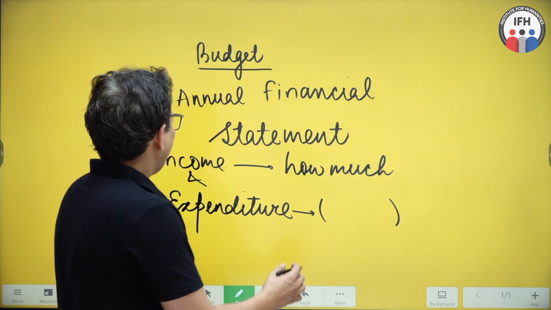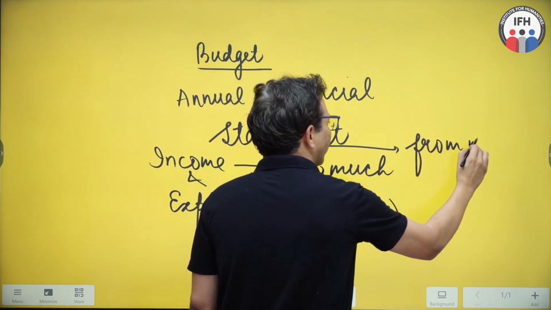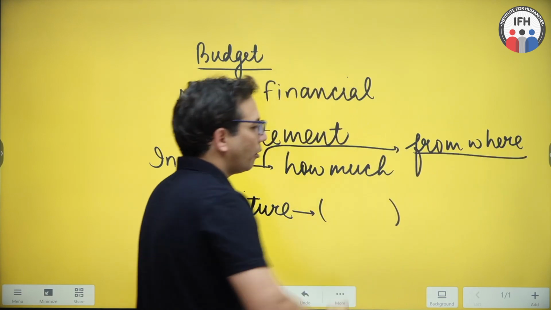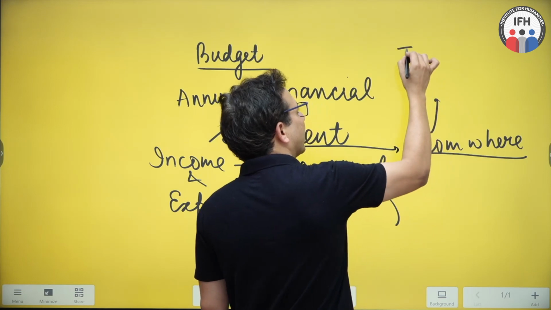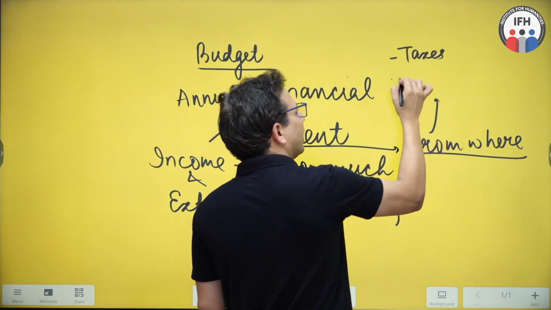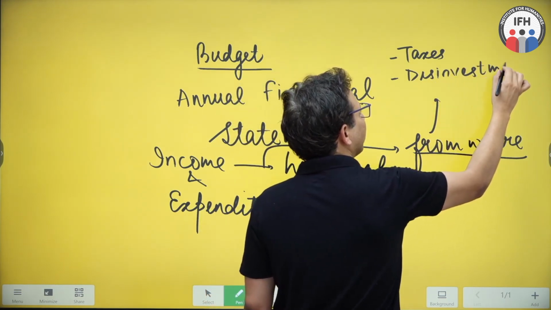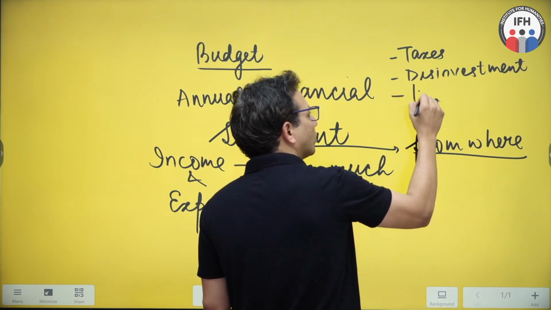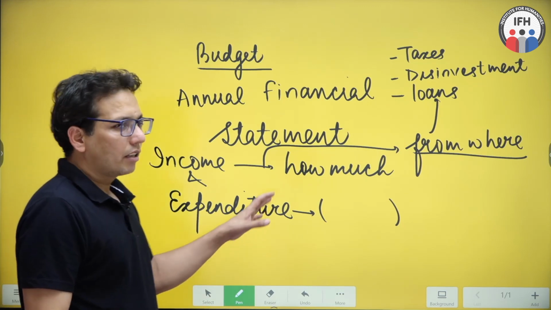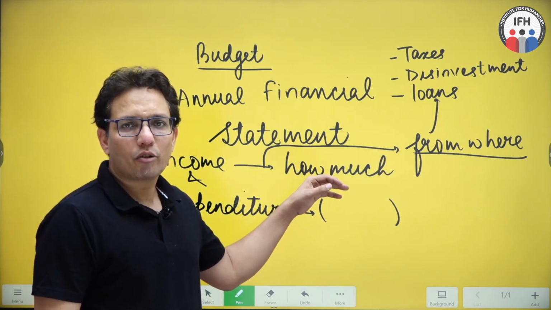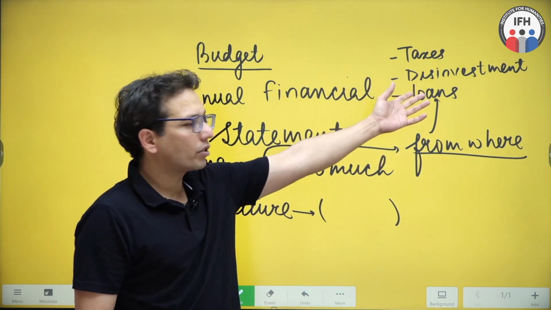And similarly, it also tells from where the government is expecting to earn, whether from taxes, or by disinvestment, or by loans. So when I say income, it means from where the government will be getting its receipts, whether from taxes, disinvestment proceeds or loans.